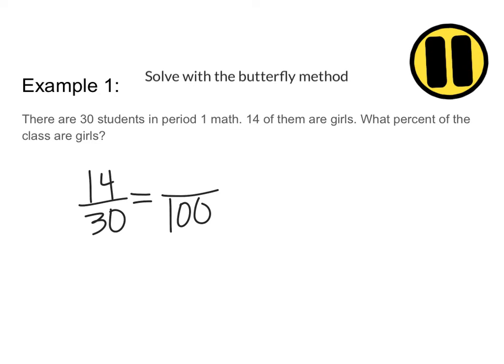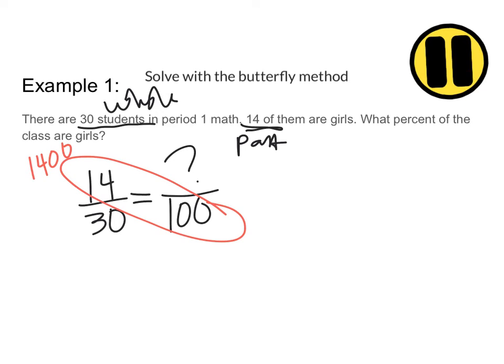Very first, make sure you set your proportion up like this. 14 is the part, 30 is the whole, and we are trying to find that percent. So now we identify the diagonal that we know, which gives us 1400. So now we know this is going to also equal 1400.